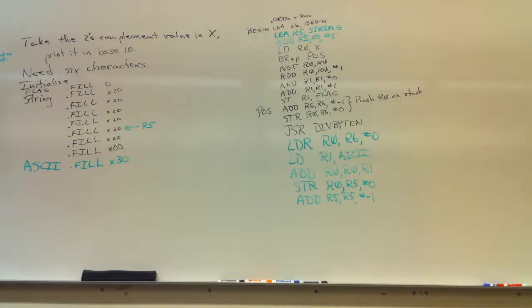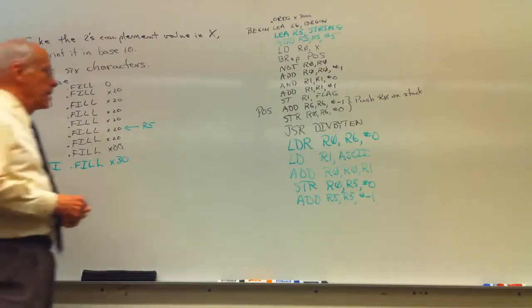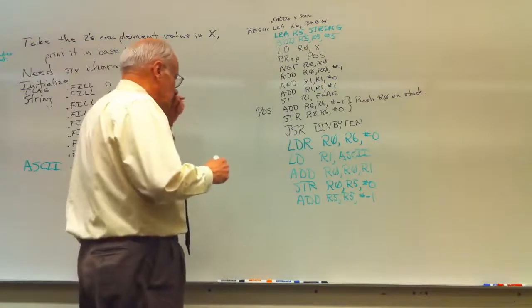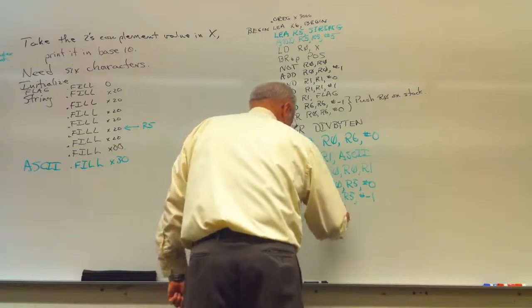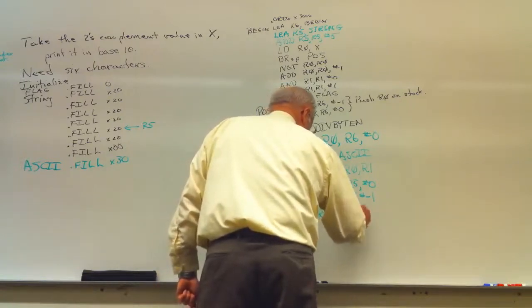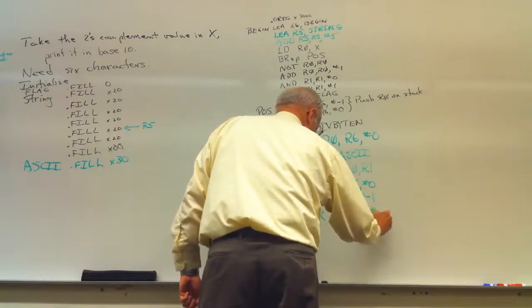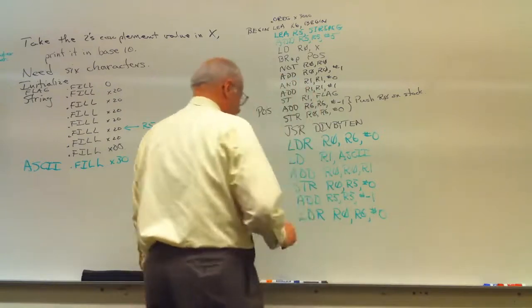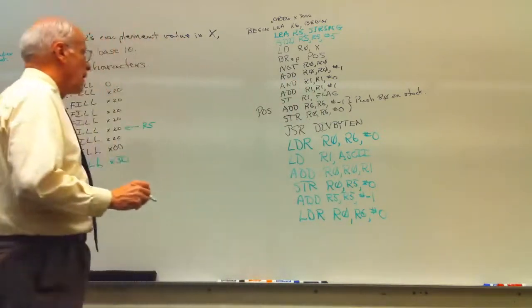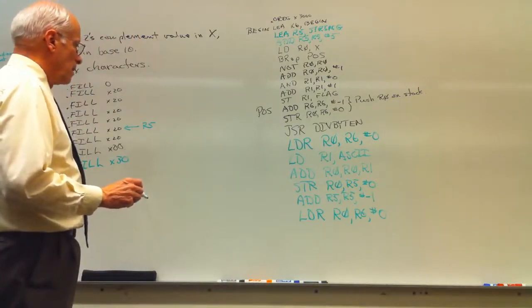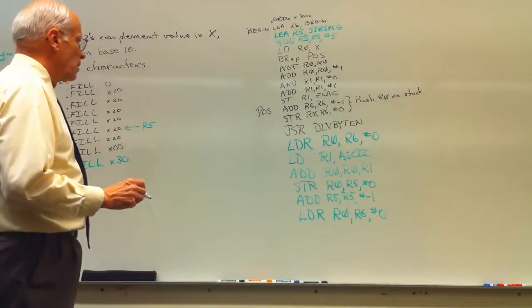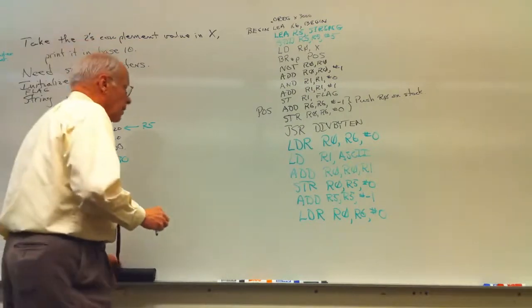Okay, that takes care of my remainder. Now I want to look at the quotient. R0, and then R6.